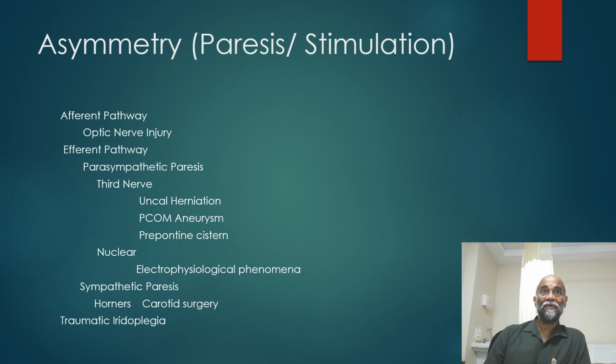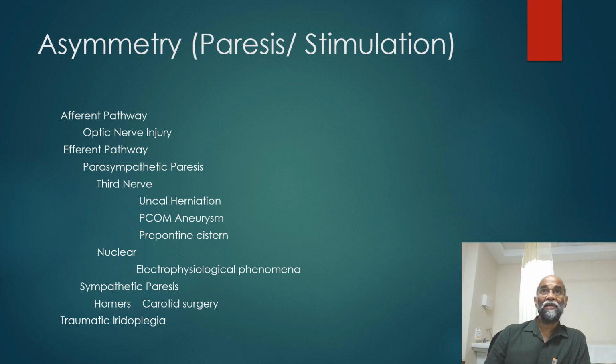Uncal herniation, because of a rise in pressure on one side, can result in pressure on the third nerve and a pupillary dilatation because of parasympathetic paralysis. A posterior communicating artery aneurysm which touches the third nerve might also produce a third nerve palsy.